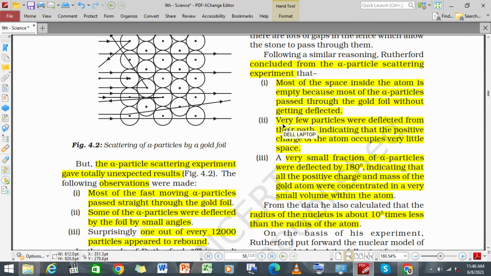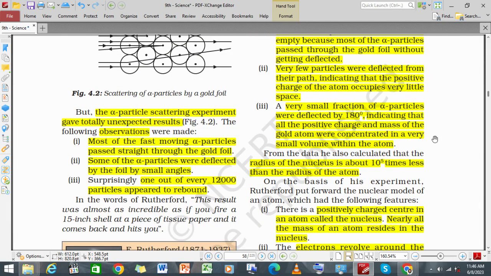Very few particles were deflected from their path, which indicated that the positive charge of the atom occupies very little space. And a small fraction of alpha particles were deflected by 180 degrees, indicating that all the positive charge and mass of the atom were concentrated in a very small volume within the atom.